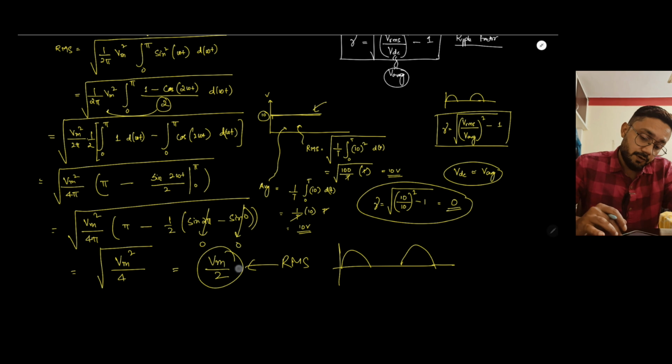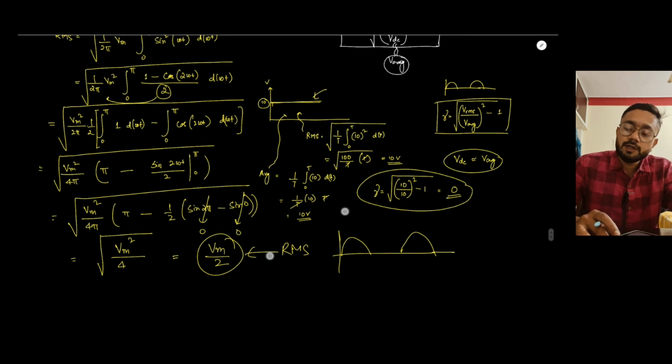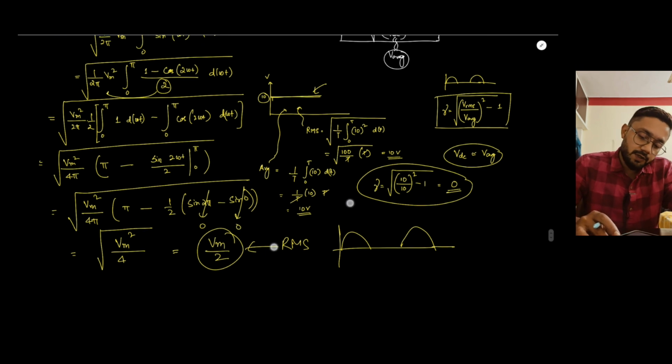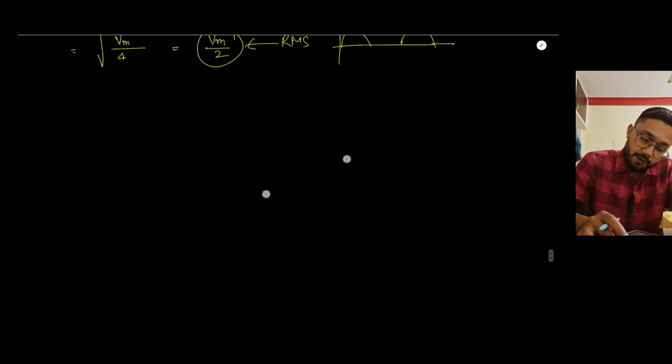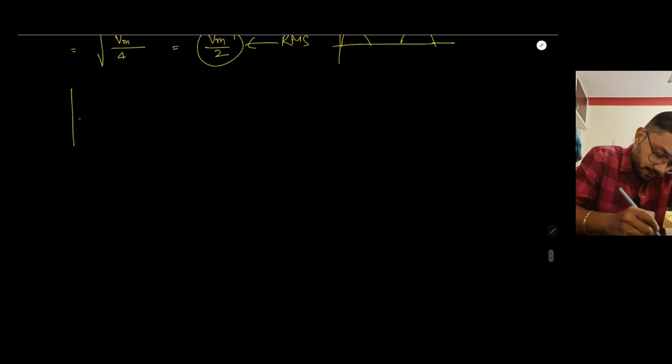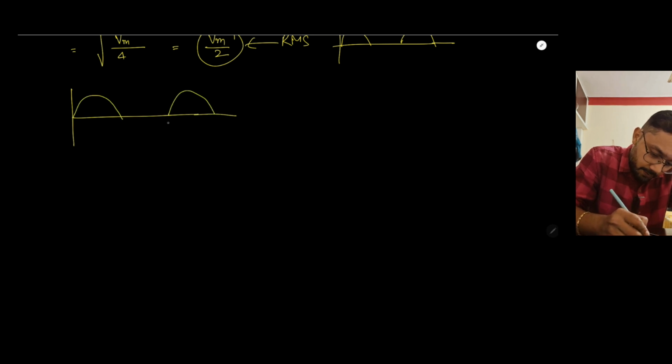So next, to find the ripple voltage, we also need to find the average value of the waveform, the output voltage of the half wave rectifier. So this is our waveform.